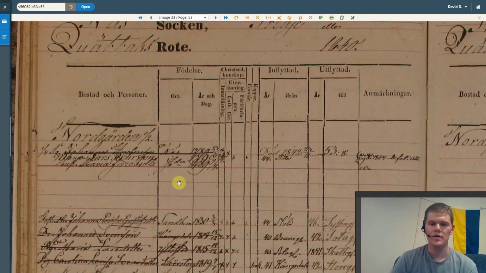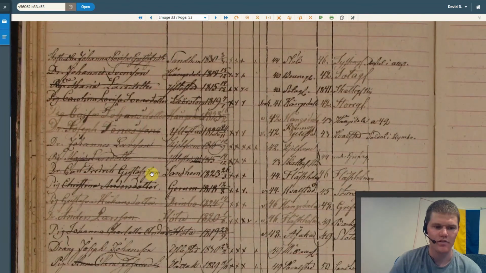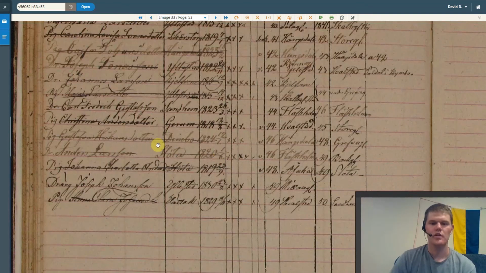And so we're going to start with a person named Gustava, and she is right here. So the first thing I do is I figure out where I stand. So from this image, I know this is her name.